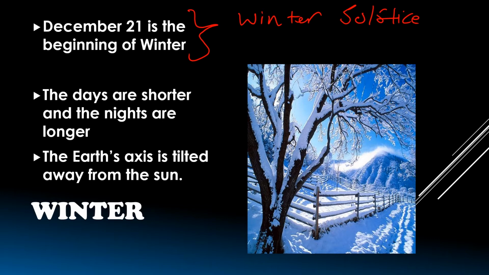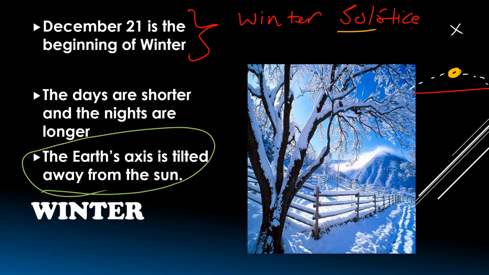But this is where, like in that other diagram I showed you, the sun is at its lowest point in the sky. Remember, Sol, sun, okay, its lowest arc in the sky as compared to summer, which would be up here. And so the days are shorter and the nights are longer. And this is because the Earth's axis is tilted away from the sun.